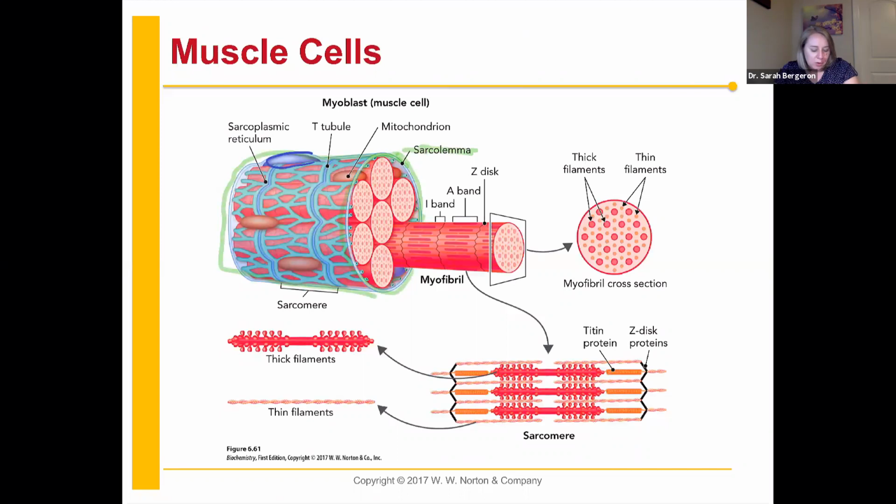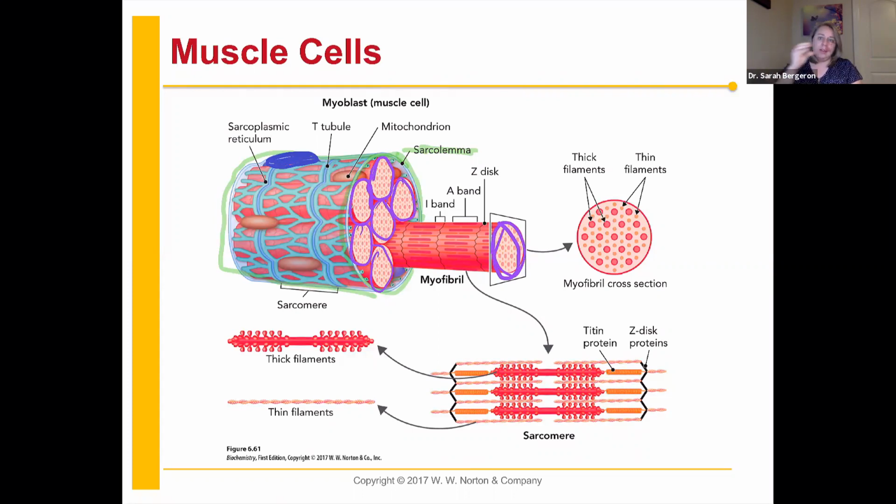Here's one nucleus, and the nuclei get shoved to the edge of the cell because so much of the cell is filled up with bundles and bundles and bundles of what are called myofibrils. Here is an example of one myofibril. Here's another myofibril, and another, and another, and another. And then here's a last one that they basically just pulled out.